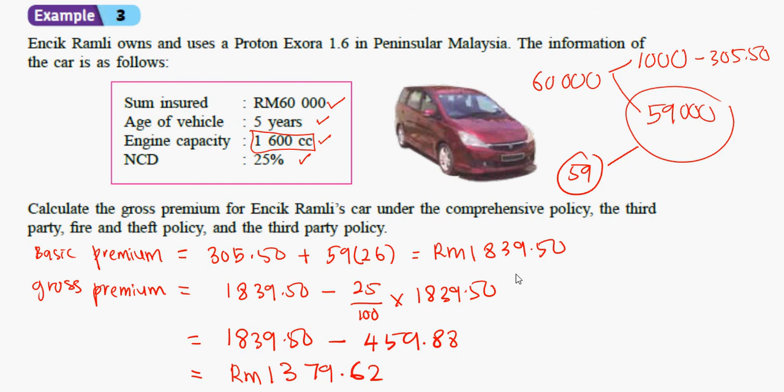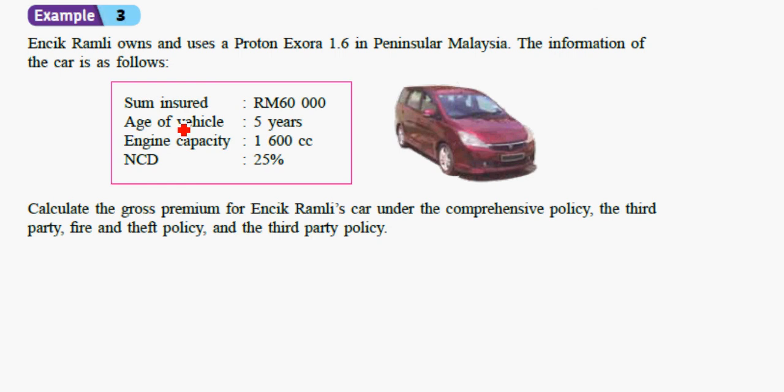So to calculate the third party fire and theft policy, you must calculate the basic premium for the comprehensive first. Because we already calculated it here, we just take the value 1,839 ringgit 50 cent. Okay, double check. Yes.